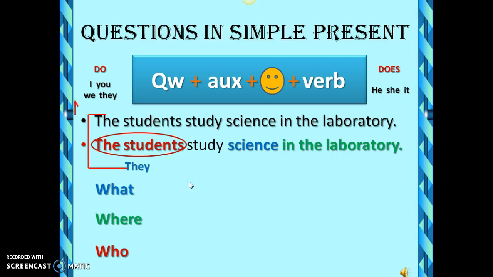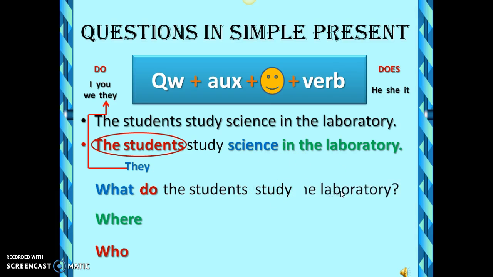Why? Because they works with do. So we say what, the auxiliary do, then we have the subject: what do the students, or you can say what do they study in the laboratory, you see.